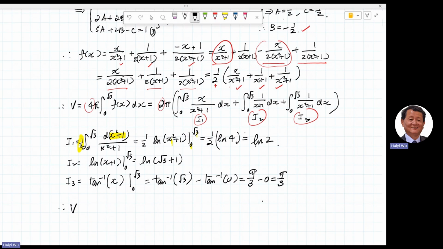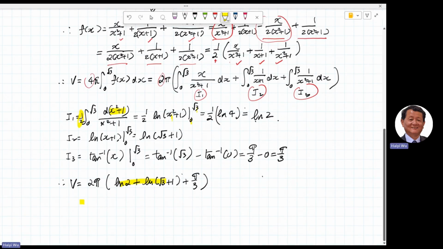Therefore my volume is 2 pi times I1, which is log 2, plus log of square root 3 plus 1, plus pi over 3. Now I'm going to combine those two together.